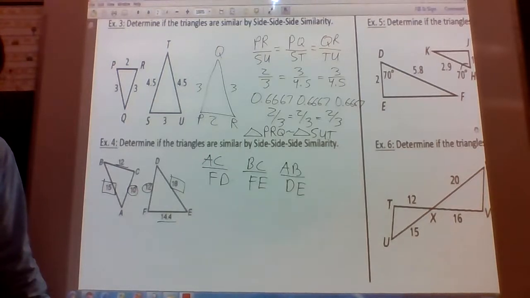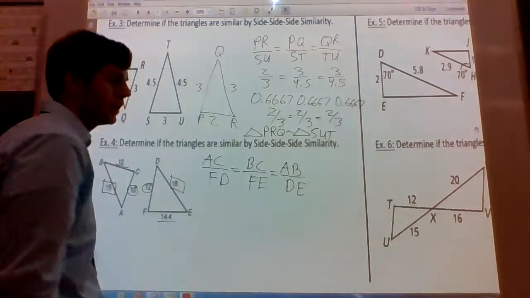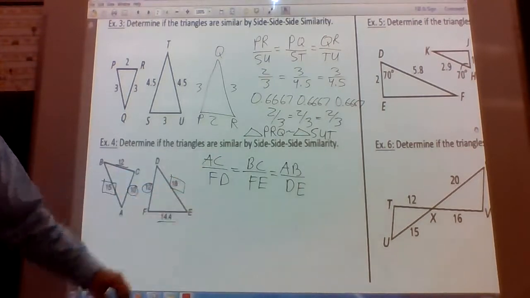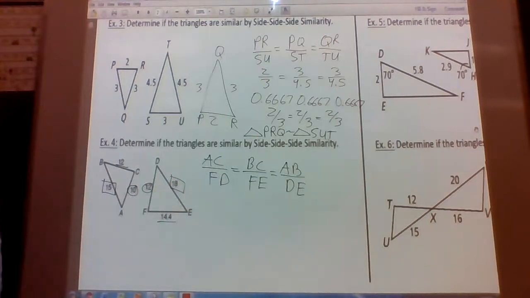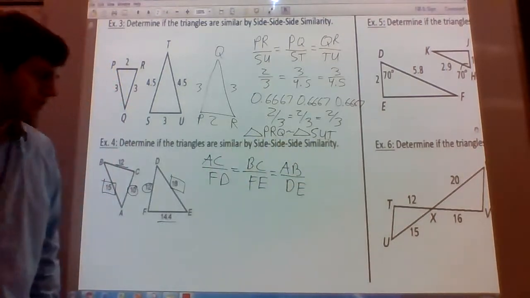We need to show that the three sides are proportional. The way we do that is by showing that the ratios for each pair of corresponding sides are equal. If these three ratios are equal, then the sides are proportional, and we know the triangles are similar.